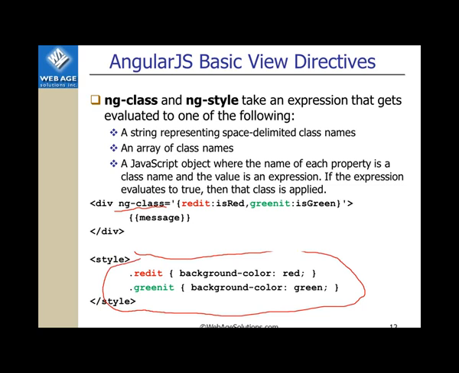We've got Reddit and Greenit, and depending on which class is currently in effect, the background changes from red to green. Not shown here are Boolean variables which sit somewhere in your AngularJS application, which is nothing more than JavaScript code, where those Boolean variables get special treatment. Whenever is red is set to true, we would be able to set the ng-class background to red.